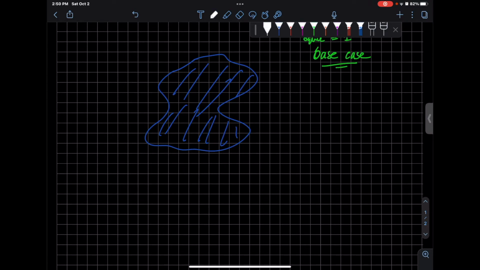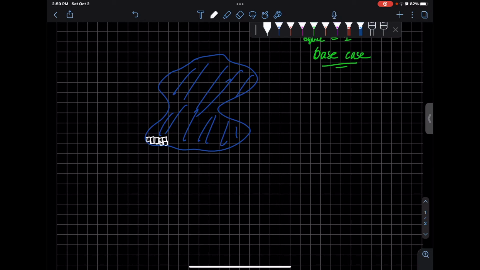I don't know how to do that, but I know that this blob is probably made up of teeny tiny little squares, and figuring out the area of a square is pretty straightforward.